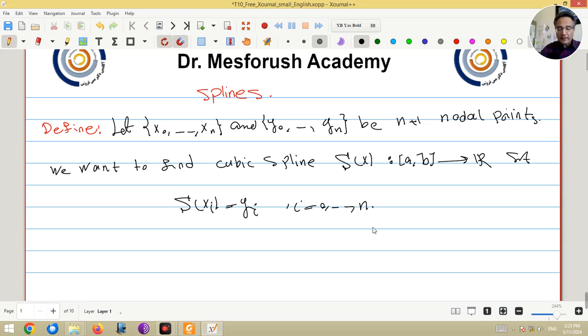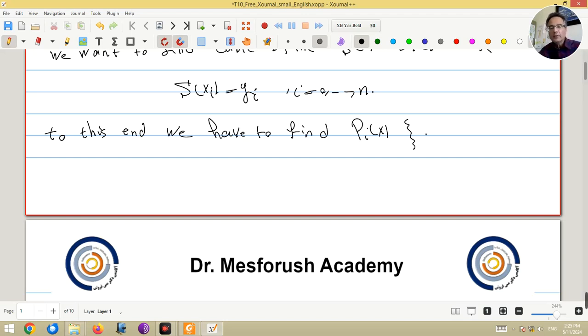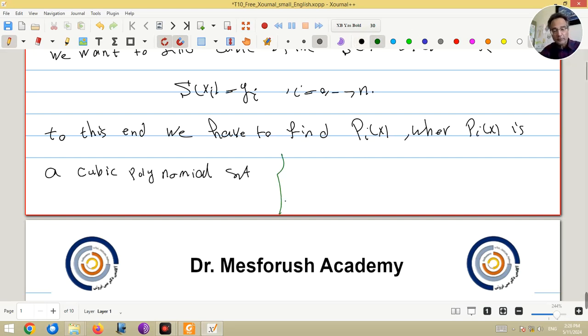To this end we have to find some cubic polynomial like pi of x, where pi of x is a cubic polynomial such that this polynomial has three properties.